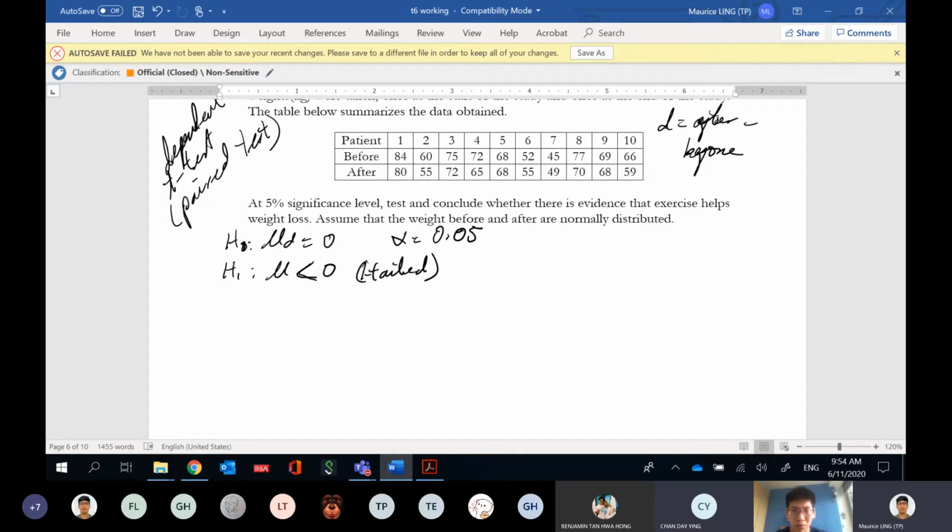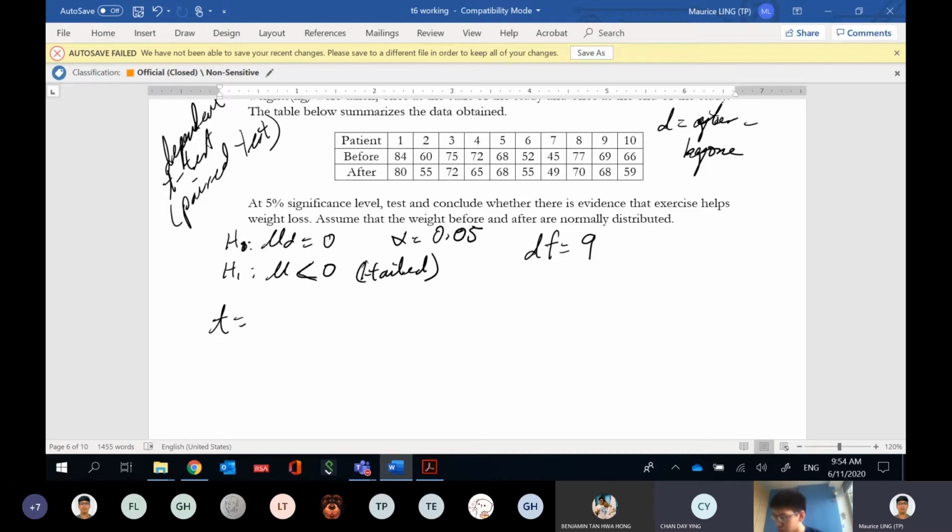Okay, so very good. Degrees of freedom? 9. 9, correct. Okay, so what will be your t statistic? I got negative 2.09. That's fine.